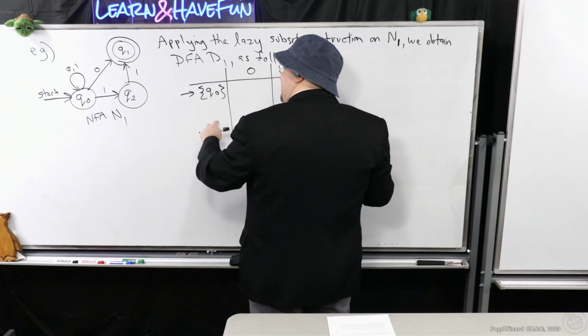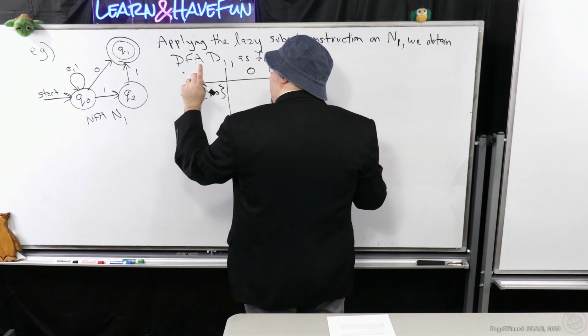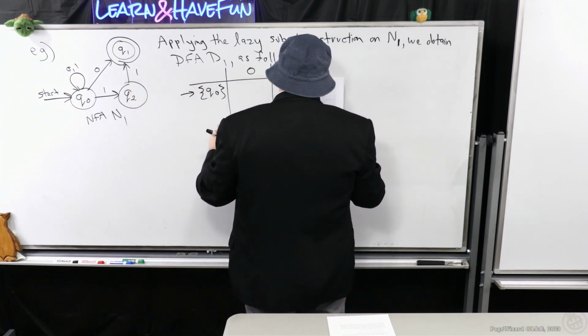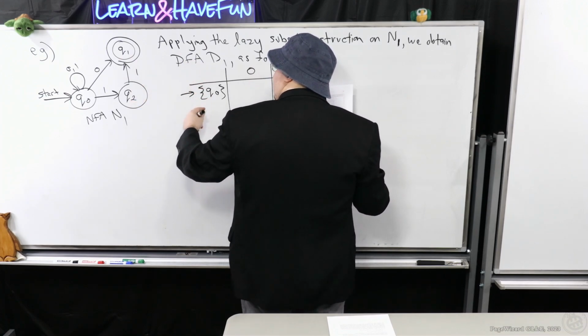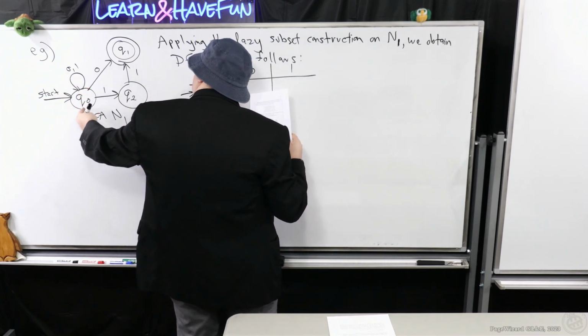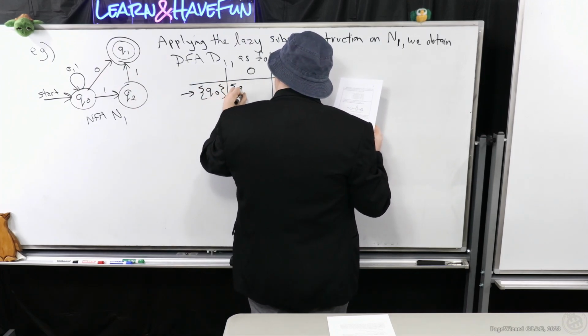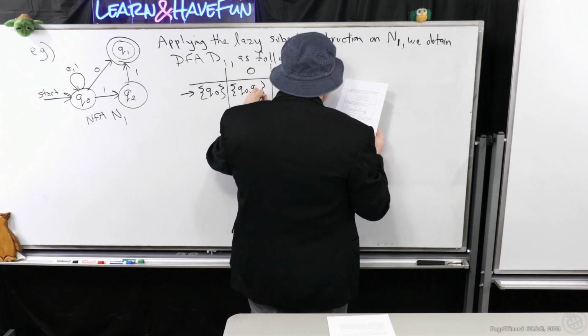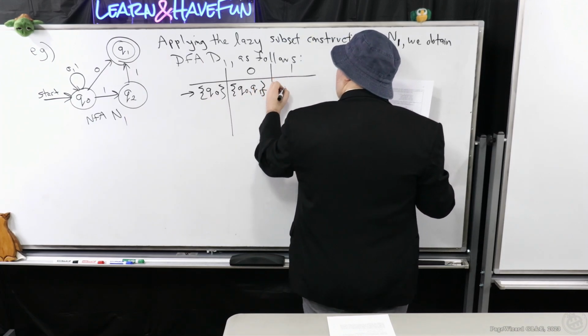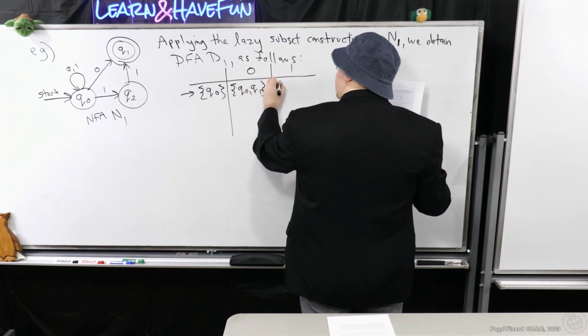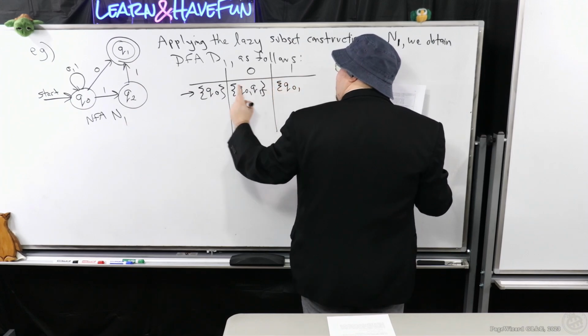On Q0, when I read a 0, it stays in Q0, but it also can go to Q1. So I have the subset Q0, Q1. And when I read a 1, it stays in Q0, but it can also go to Q2.